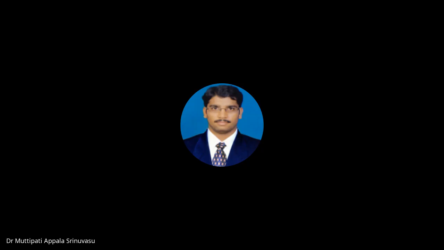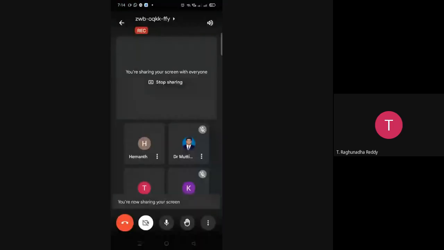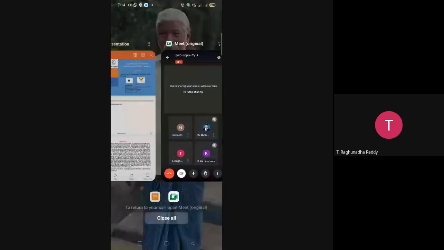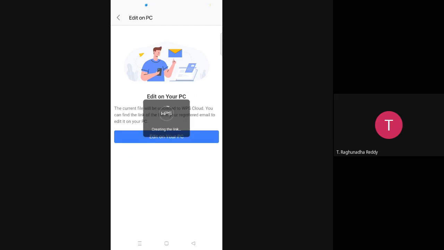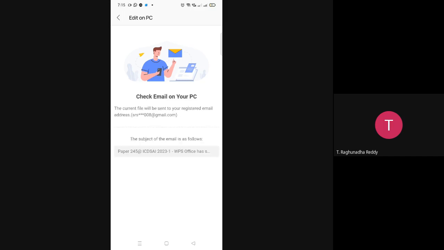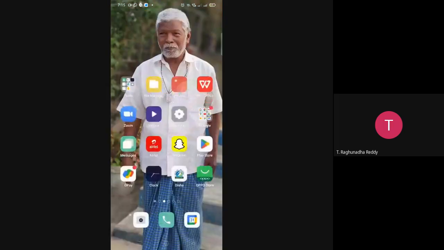It is not clear. Are you opening it on your mobile?